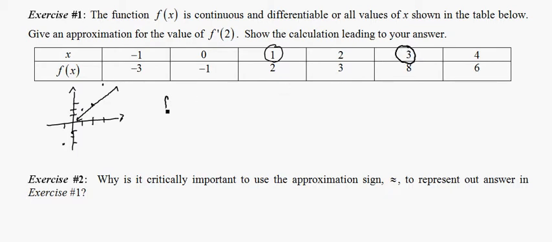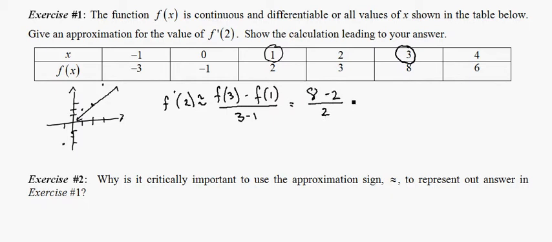In other words, I would say that f prime of 2 would be approximately f of 3 minus f of 1, divided by 3 minus 1. So that's 8 minus 2 divided by 2, which is 6 divided by 2, and that would give me a derivative that was approximately 3.